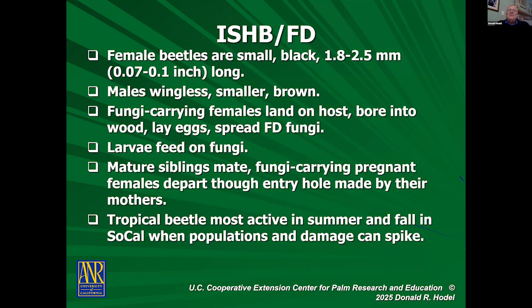The beetles are small, dark brown to black, 1/10 of an inch long. The males are wingless and smaller and brown. The fungi-carrying females land on a host, bore into the wood, lay eggs, and spread the Fusarium disease fungi.